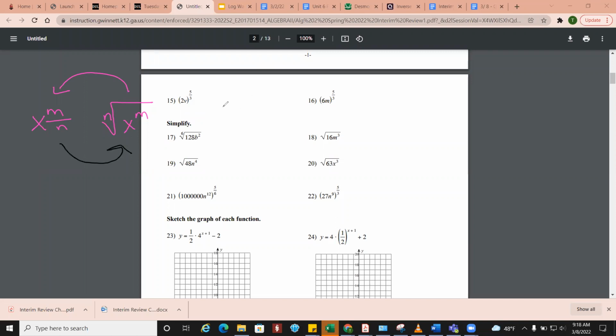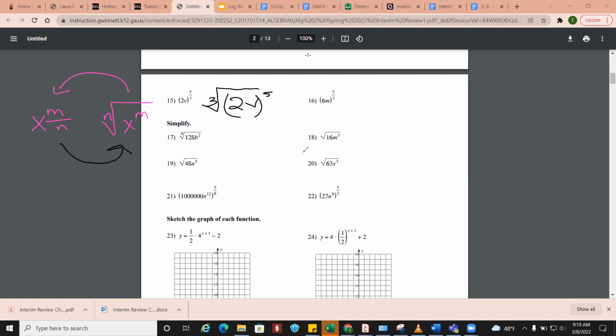So 2b is going to go in the little radical. The denominator is going to go in this little cubby hole. And the exponent is going to go inside here. Remember to use your parentheses. If this can be simplified, you're going to do it.